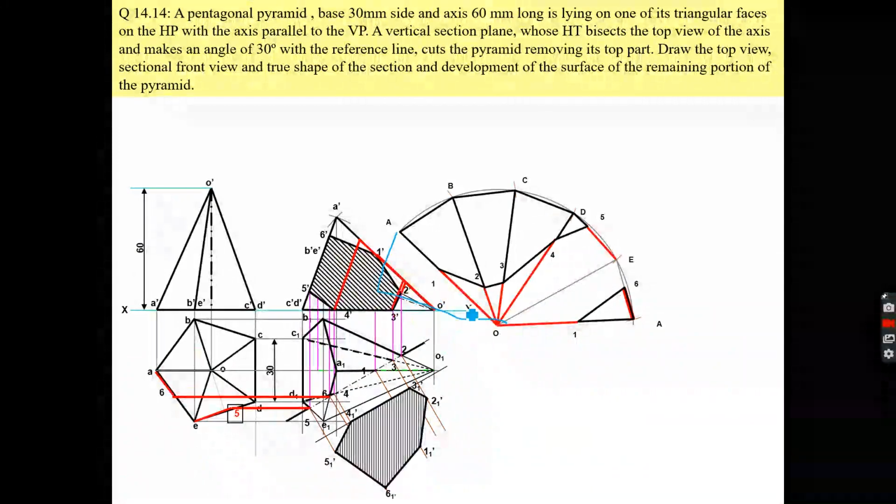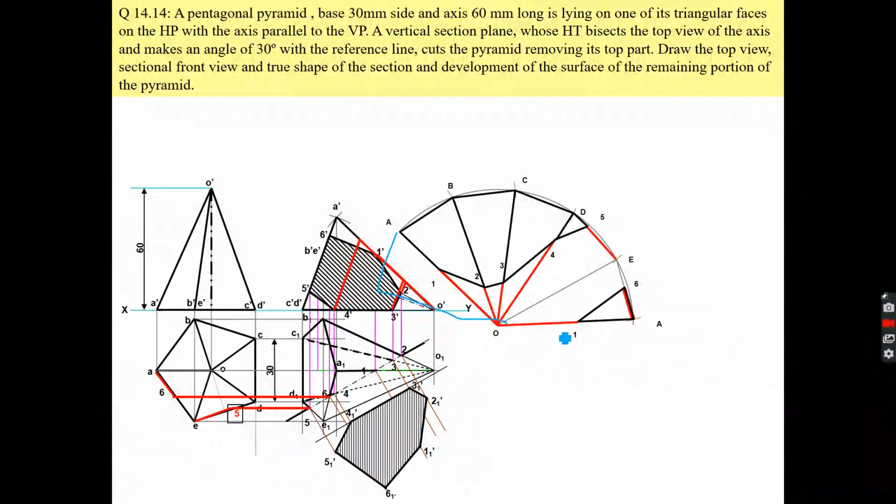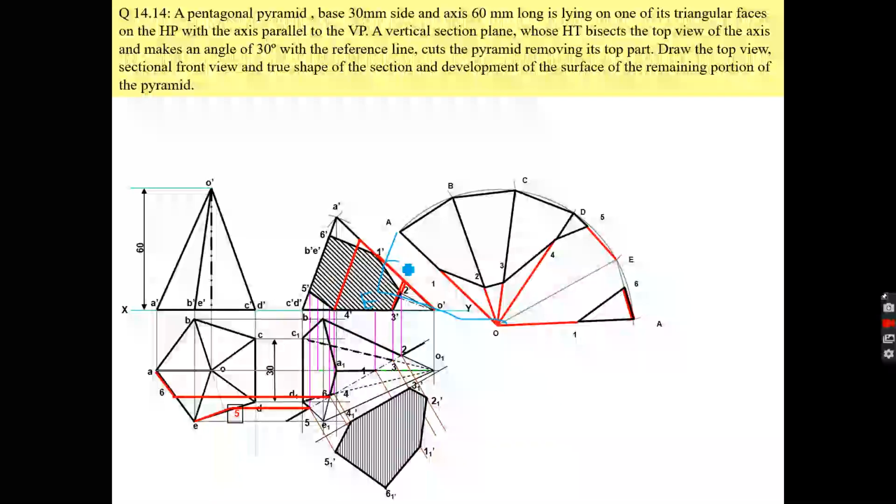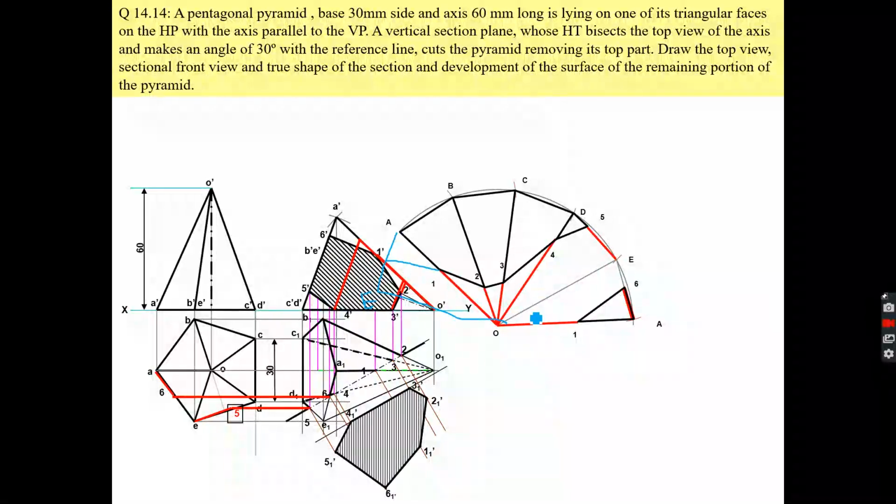It is not exactly made here, but suppose this is a point E. Now you can see this part will be somewhere here. So now you can see this development part is continuous, and not broken into two parts.